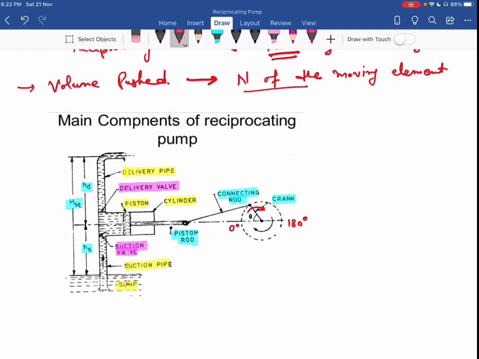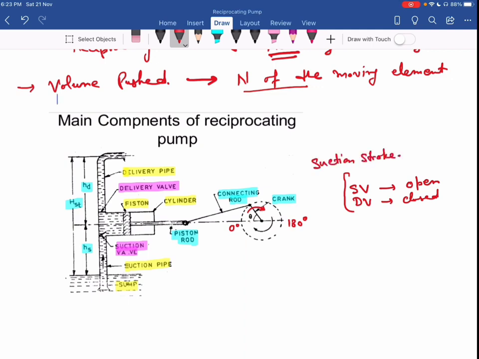During that, my suction valve is open and delivery valve is closed. That movement of the piston is called the suction stroke.